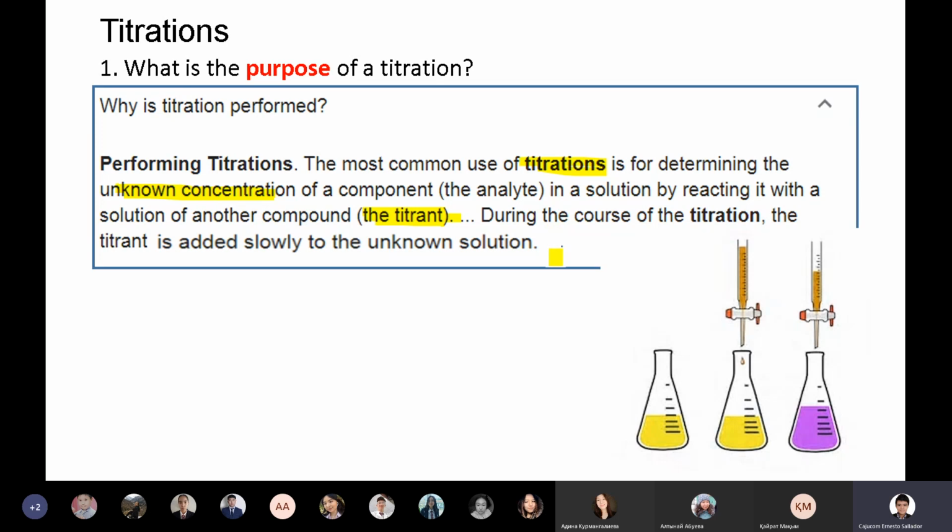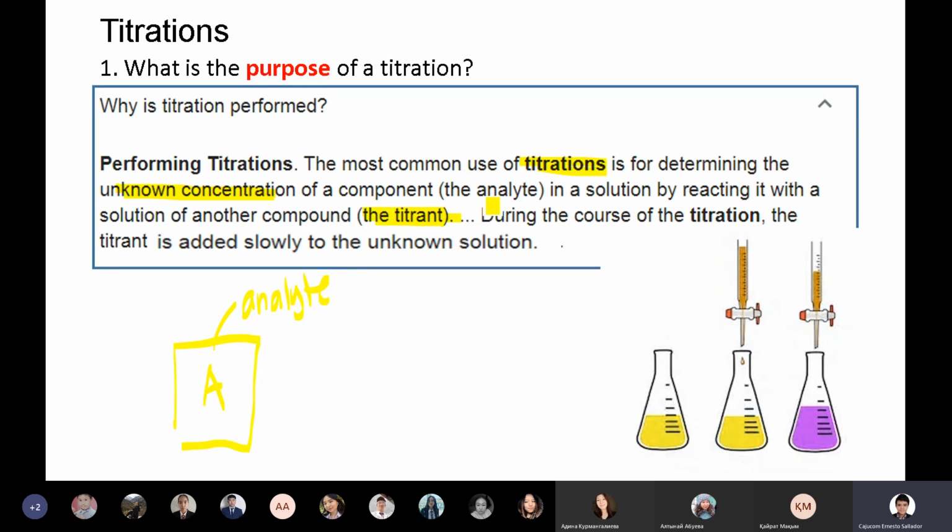It means that, for example, this is always the case for every titration. Let's say you have here your substance A. We don't know the concentration of it. This is the unknown concentration, and this is what we call the analyte.